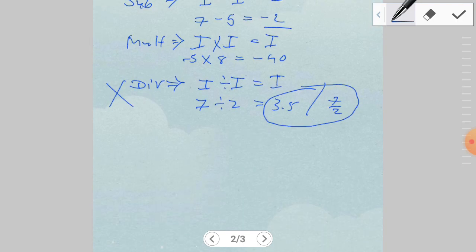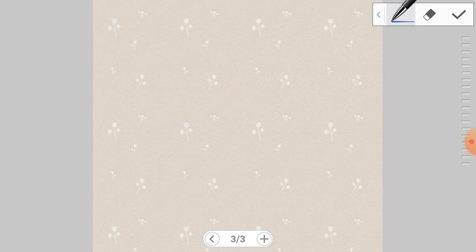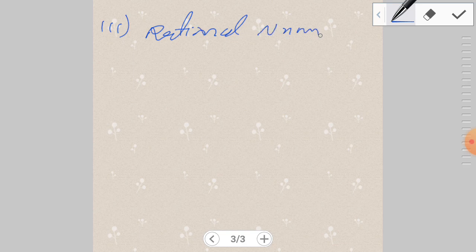Then after that, check for the rational numbers.